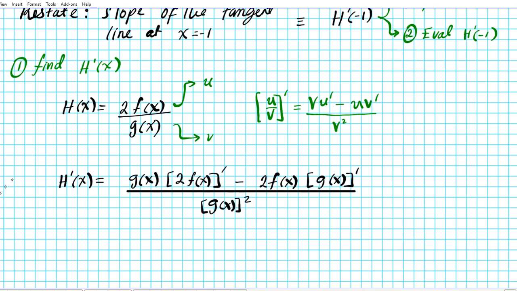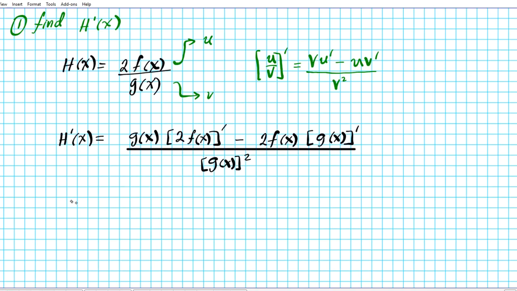Alright, so let's just rewrite this just for cosmetics and to make the determination of the different values at specific points obvious. So h prime of x is going to be, now whenever you're differentiating and you have a constant being a multiple of the function you're differentiating, you can always factor out that constant. Okay? Constant multiple rule. So factor out a 2, so 2 times g of x.